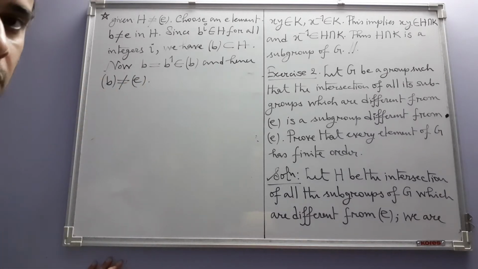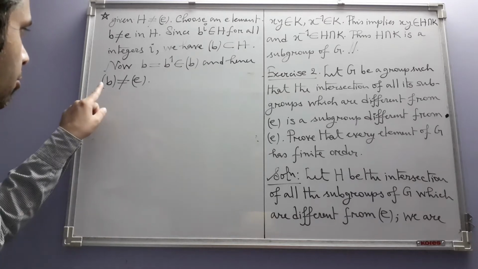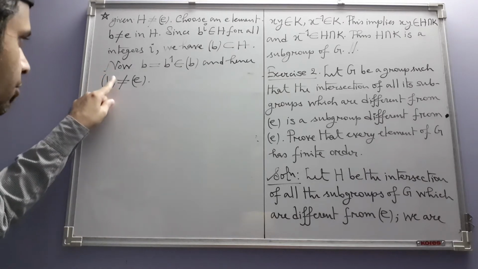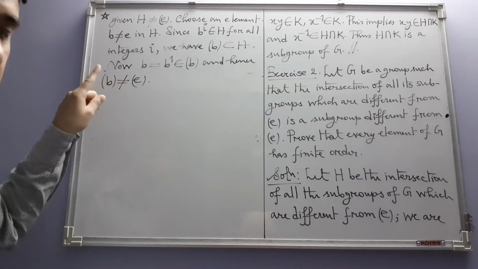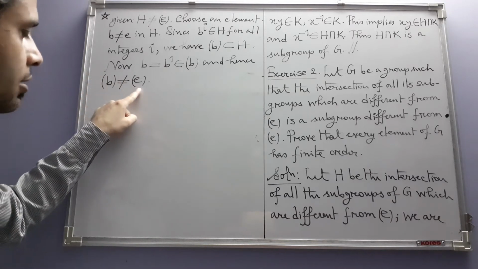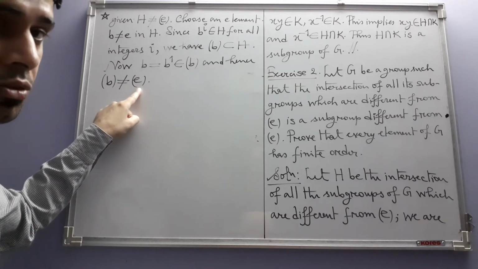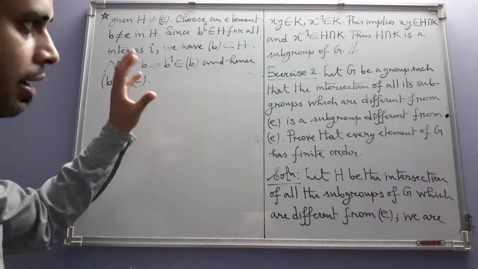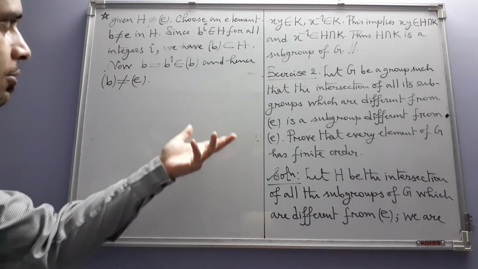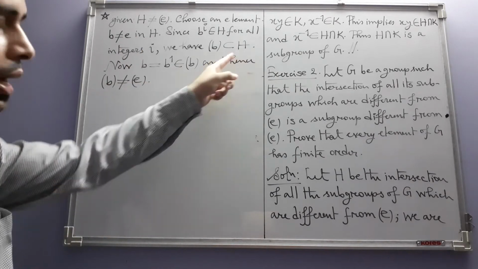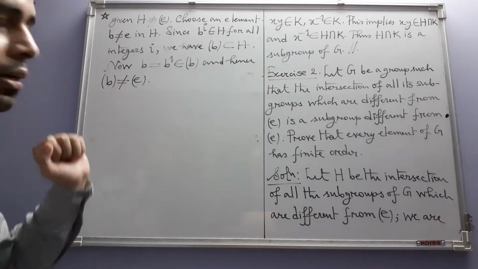Now what can we conclude from this? Note that this cyclic group is now a subgroup of G different from the identity, different from the trivial group, and the intersection of all such subgroups is H. So H should be contained in this cyclic subgroup.